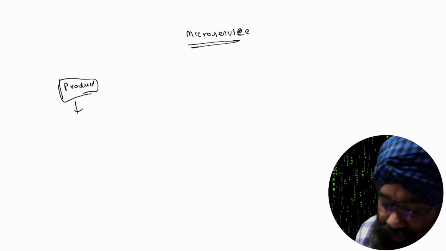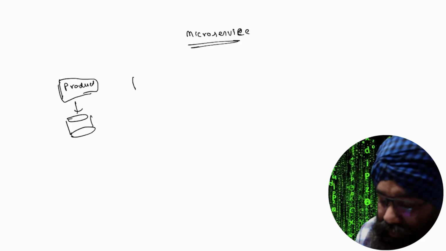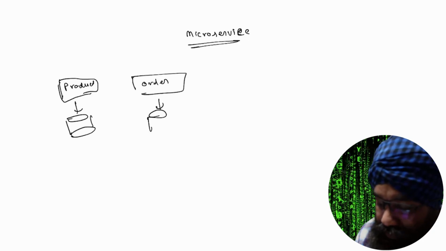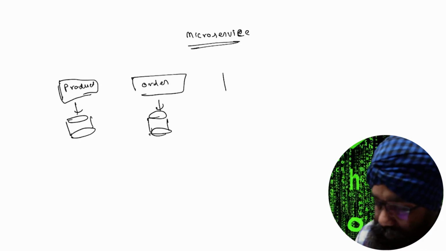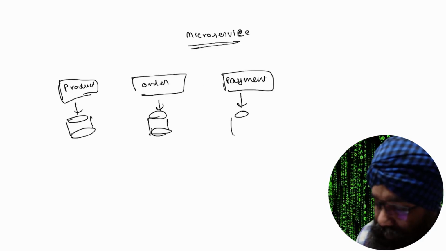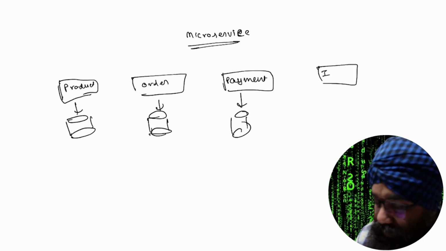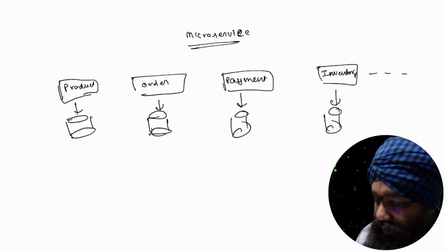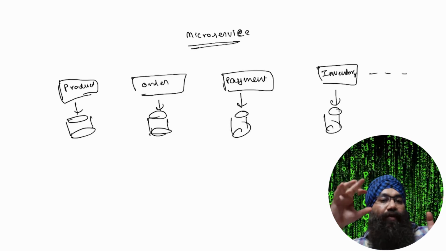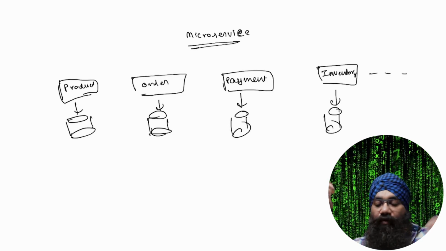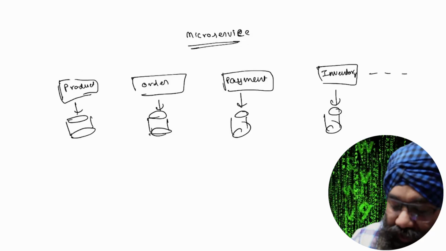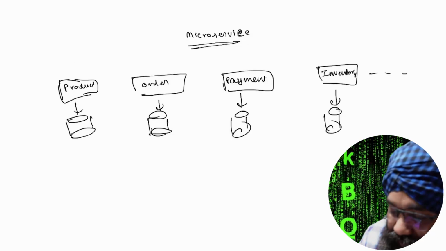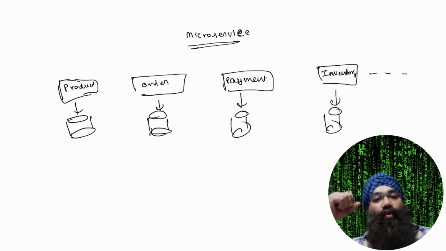In a microservice system, you will have the product module, and it will have its own database. You will have the order module, and it will have its own database. Similarly, you will have payment, with its own database, and inventory, with its own database. So you are breaking a big module into small functionalities, in small different applications which have their own database.